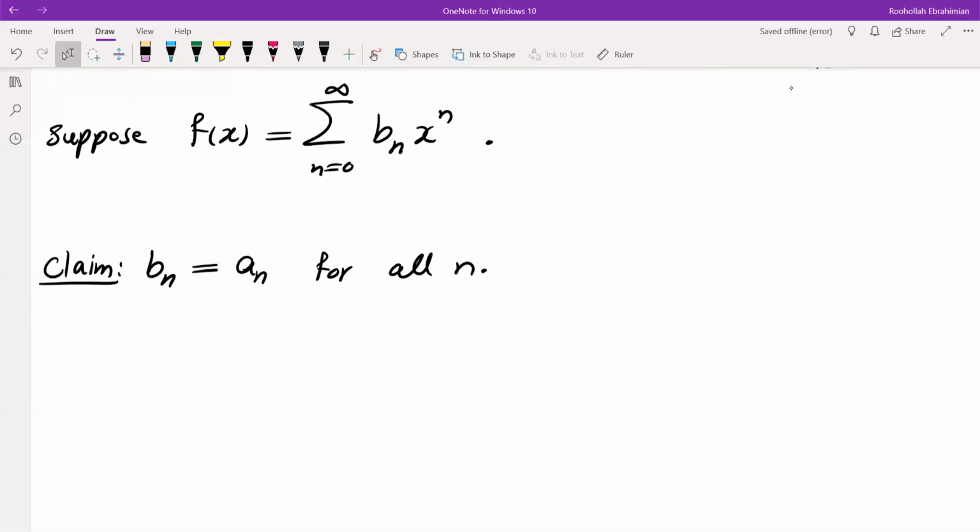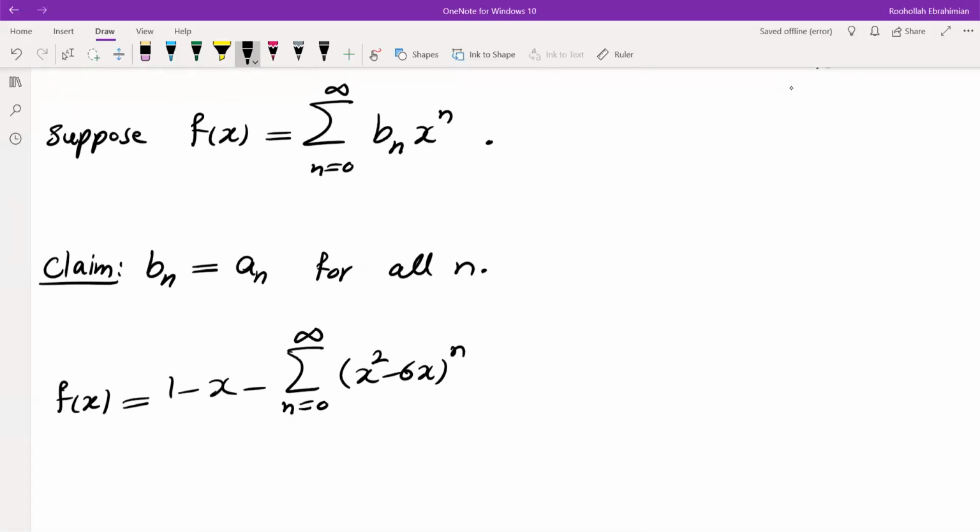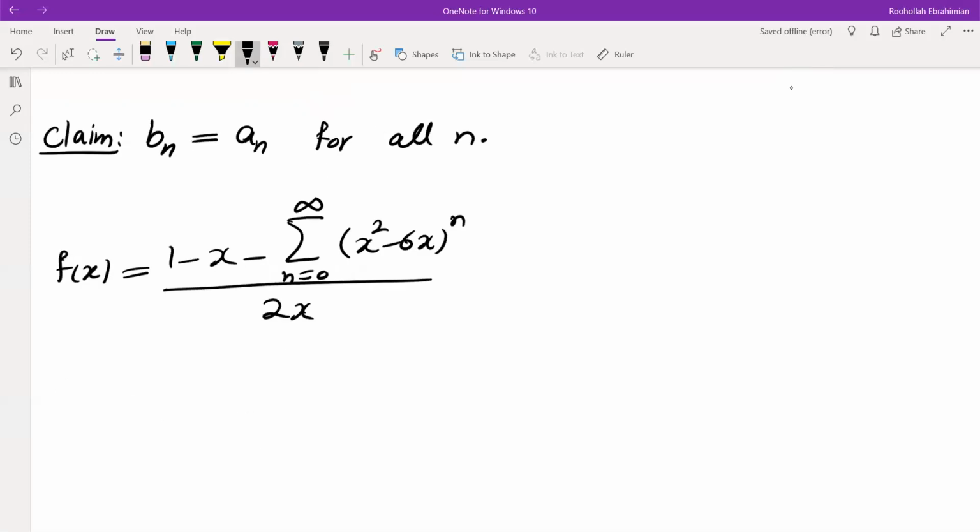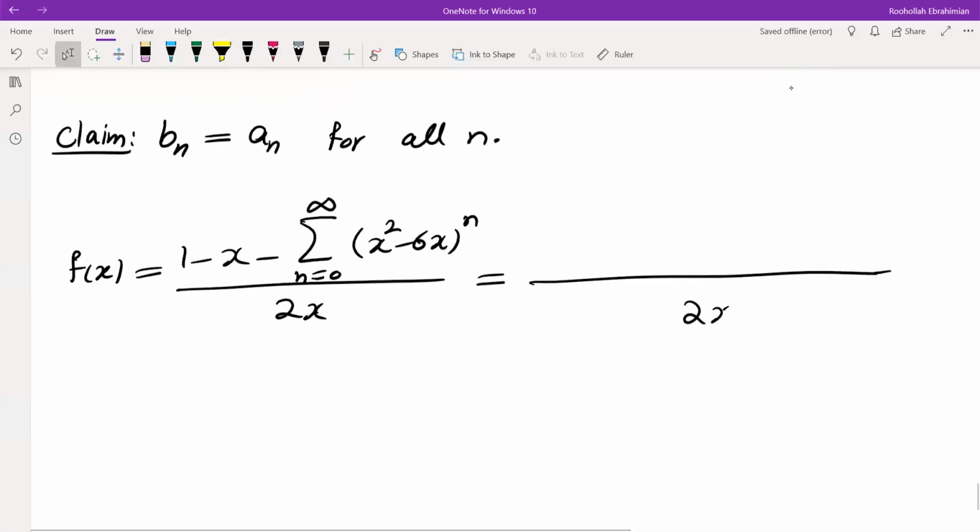So f of x is 1 minus x minus the sum of x squared minus 6x to the power of n, n equals 0 to infinity, over 2x. Okay, so I'll have to find the first few terms so that I can find b0 and b1.